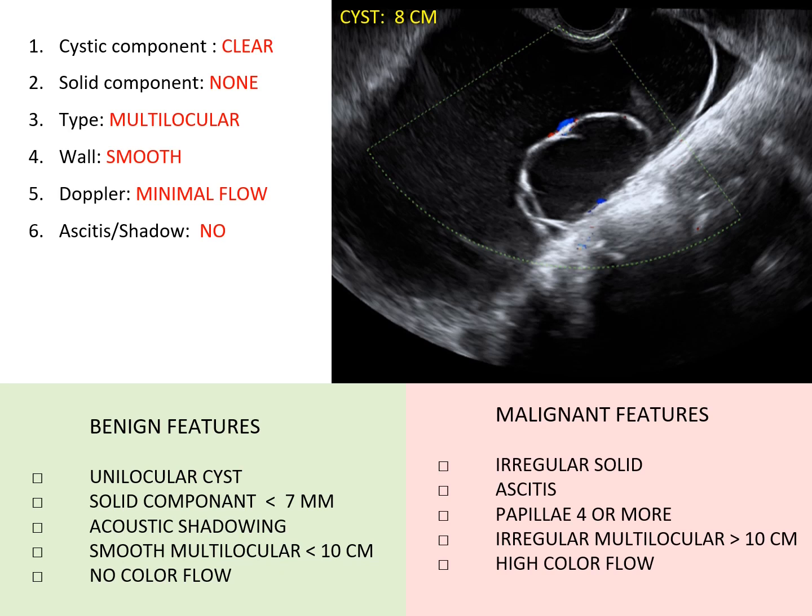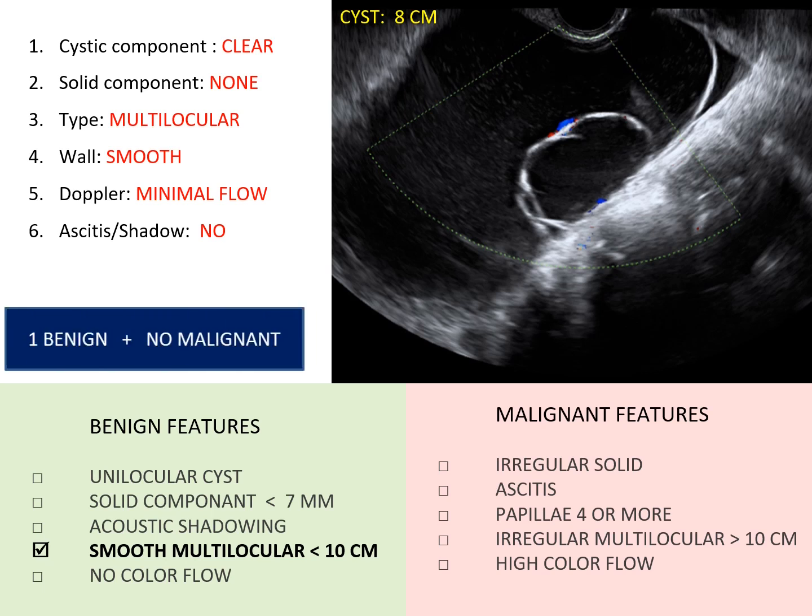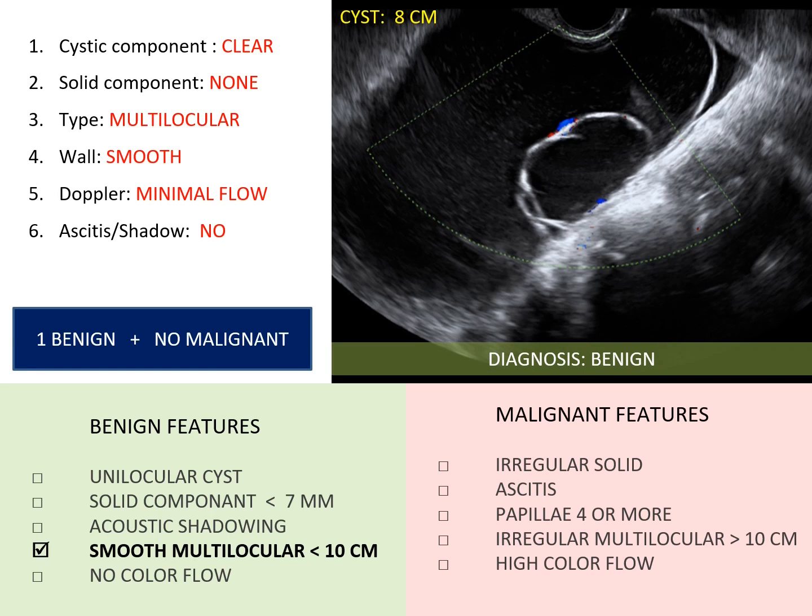If you go through all these benign features and malignant features, you will see that this feature is seen, that is, it is a smooth multilocular cyst less than 10 centimeters, and there is no other feature which is positive. Therefore you have one benign feature and no malignant feature. Therefore you conclude that this is a benign cyst, and the diagnosis in this case was a serous cystadenoma.